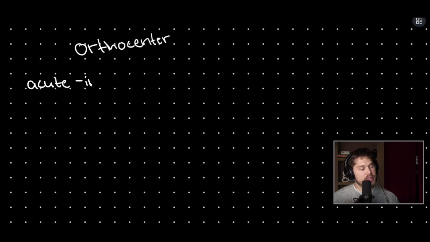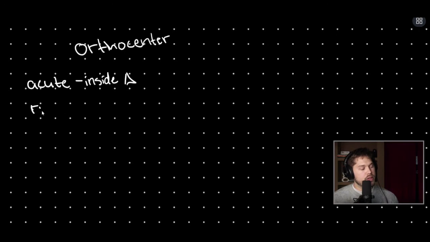So next up we have the orthocenter. And the orthocenter is defined to be the intersection of the 3 altitudes of your triangle. And something interesting about the orthocenter is that for acute triangles, it will be on the inside of the triangle, just like the incenter and the centroid.